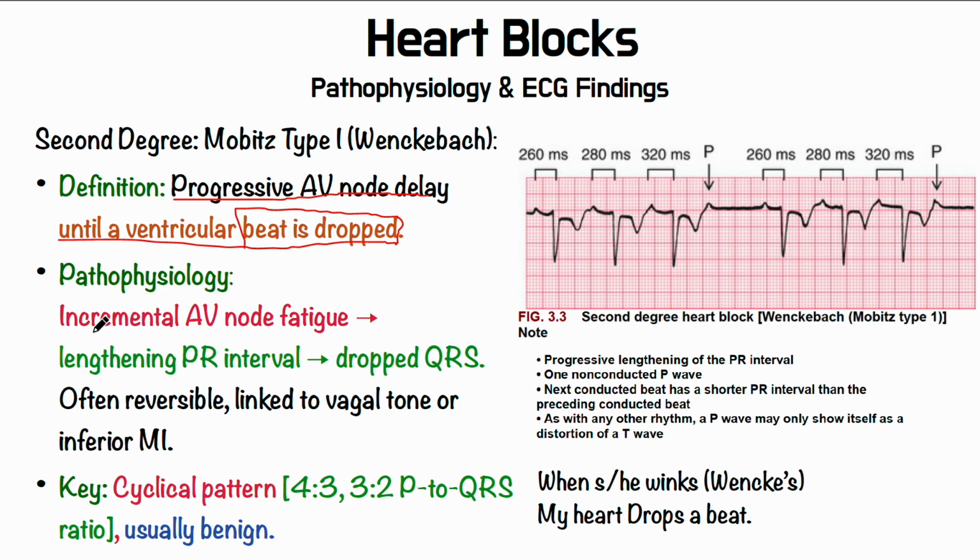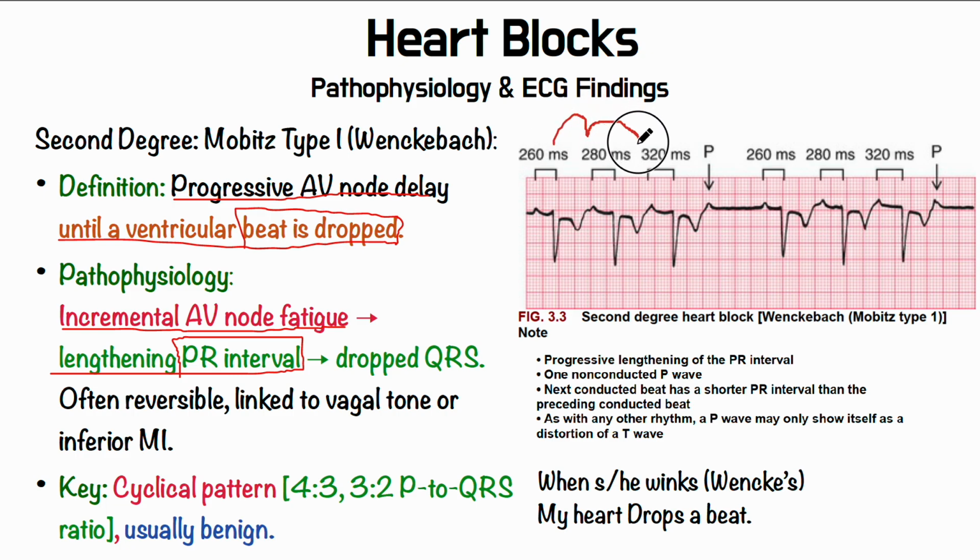First, the pathophysiology: there is incremental AV node fatigue that leads to lengthening of the PR interval. The PR interval is increased in this case too, but not until 360. The maximum is 320 milliseconds in this case, right? So 260, 280, 320.